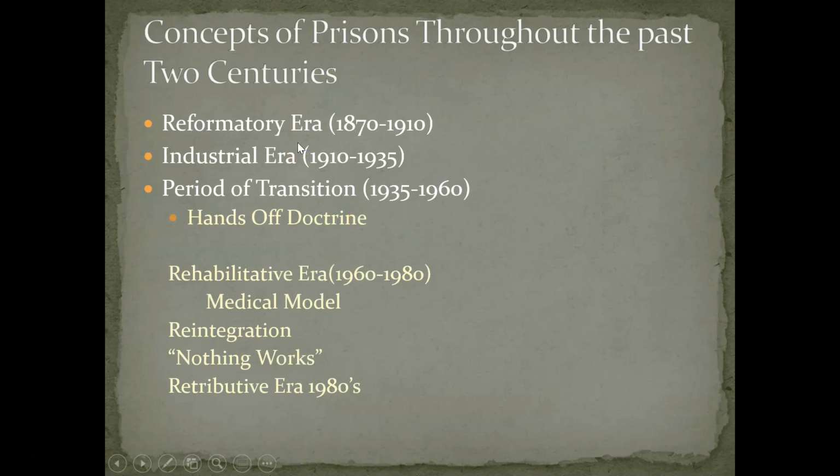So in the 1800s, you can think of a reform school where there was very strict discipline. That is kind of the concept of the prison system between 1870 and 1910. Then we have the industrial era. So imagine during this time we have World War I and World War II going on, and a lot of our young men were out at war.